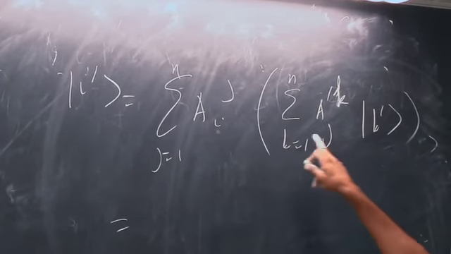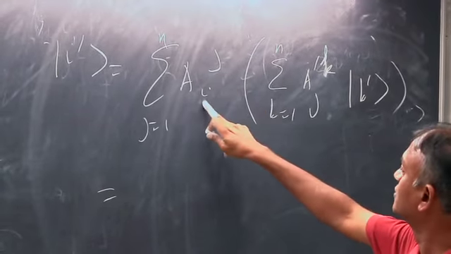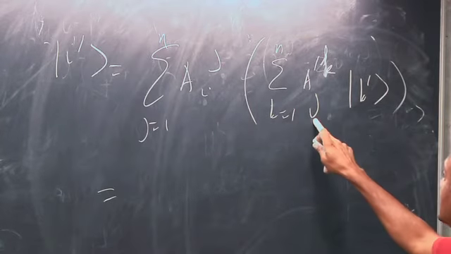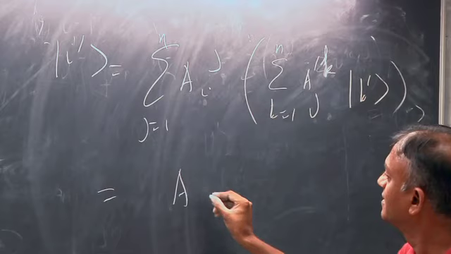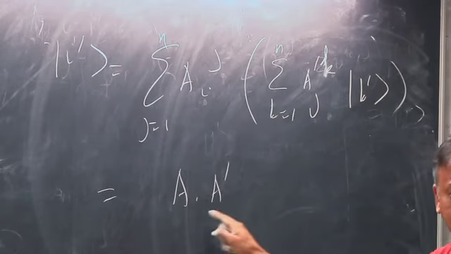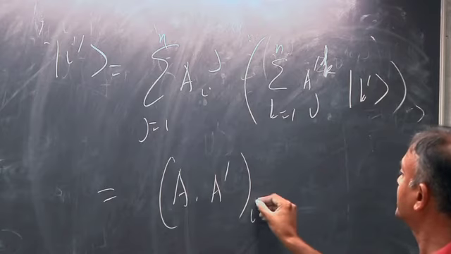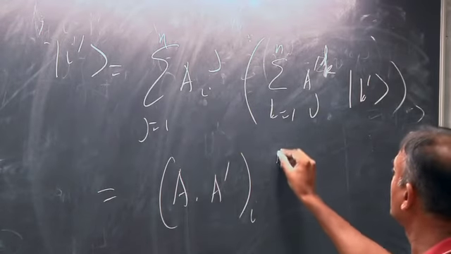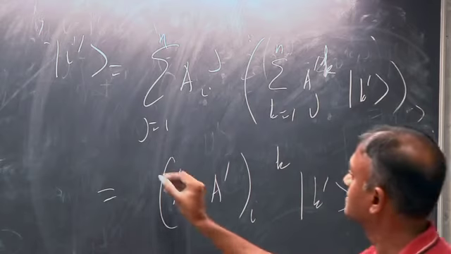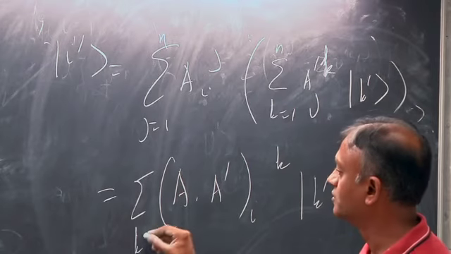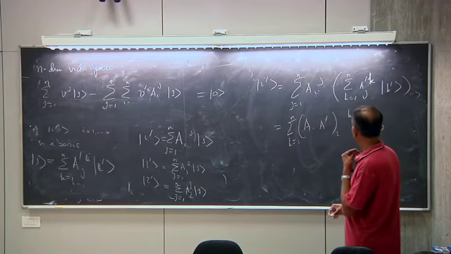Actually, I could write it in matrix notation. You have A_ij, think of this as the row and that as the column. Then this is nothing else but A times A prime in matrix language. This whole thing, I'm taking the ith row and kth column, multiplying i prime k, summed over k from 1 to n.